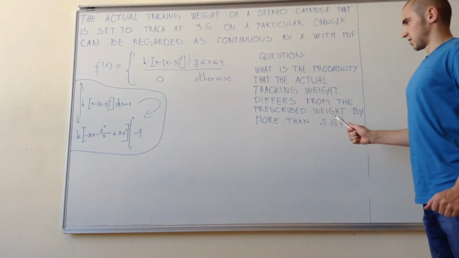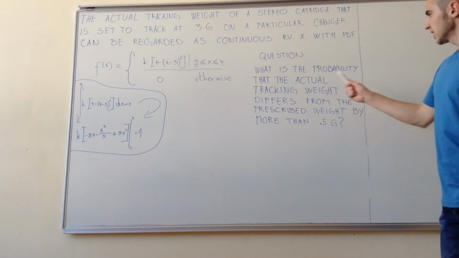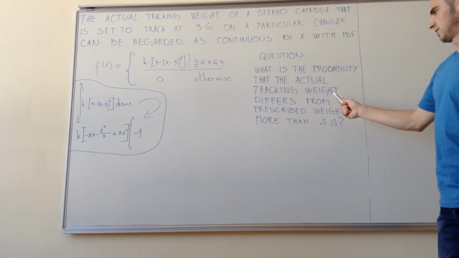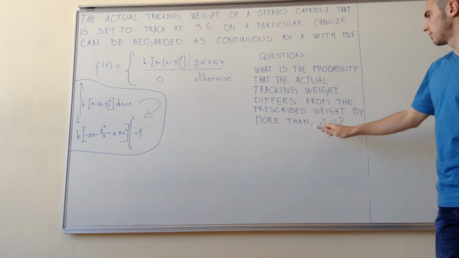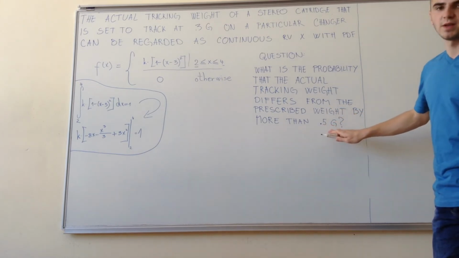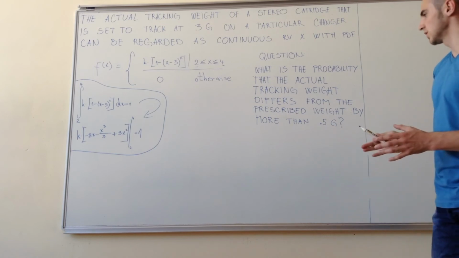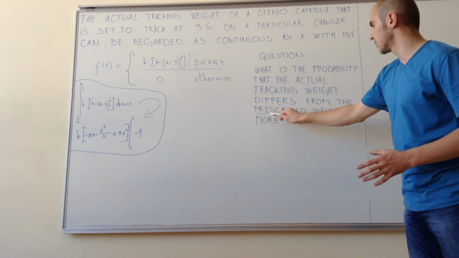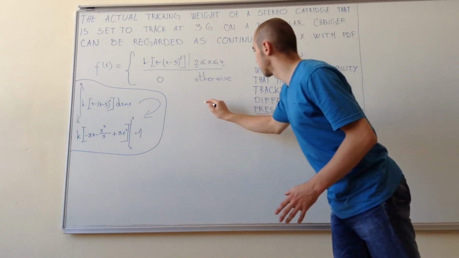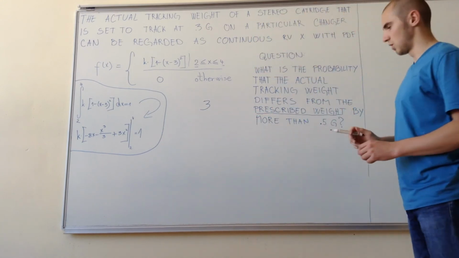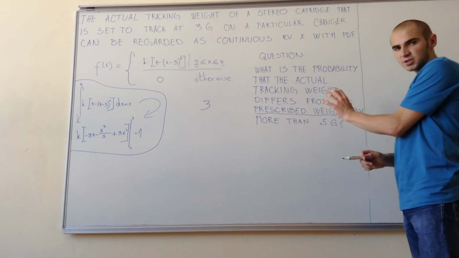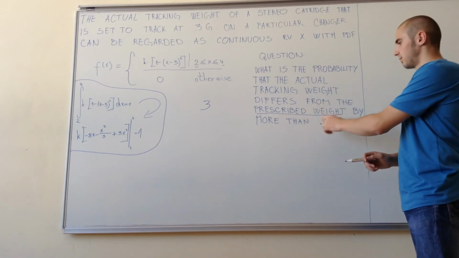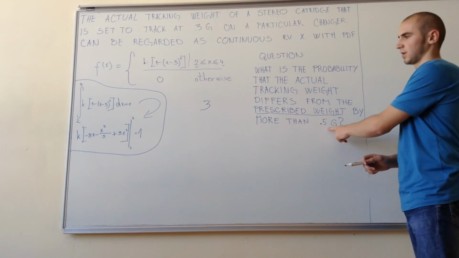And our last question for this problem is, what is the probability that the actual tracking weight differs from the prescribed weight by more than 0.5 grams? Now, how will we calculate this? We know that our prescribed weight is 3. So what is the probability that our actual weight will differ by more than 0.5 grams?